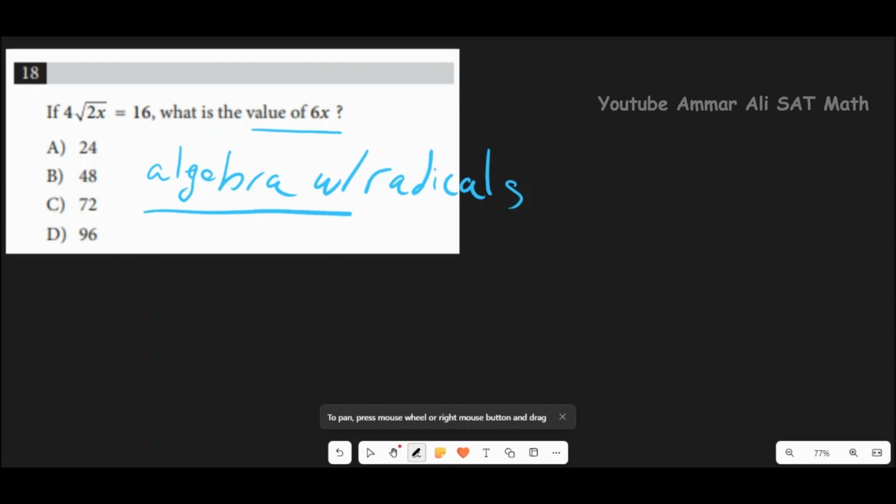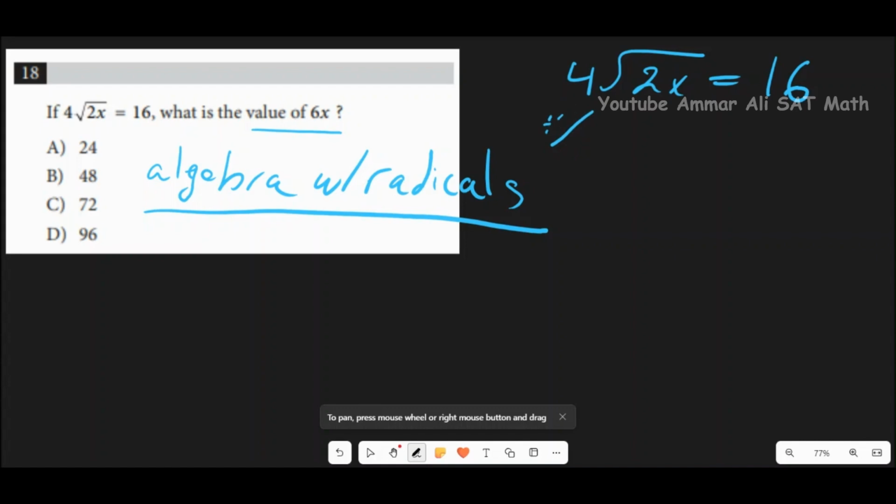So what we're going to do is write out our equation, because we like to stay organized: 4 times the square root of 2x is equal to 16. This is the first method, and it's fairly straightforward. You can just divide both sides by 4.